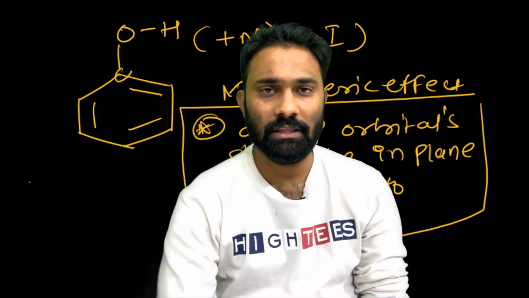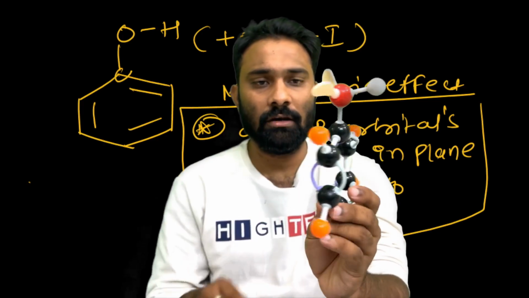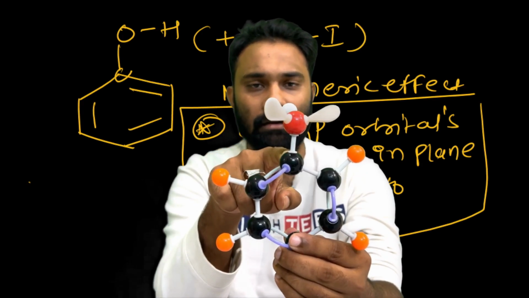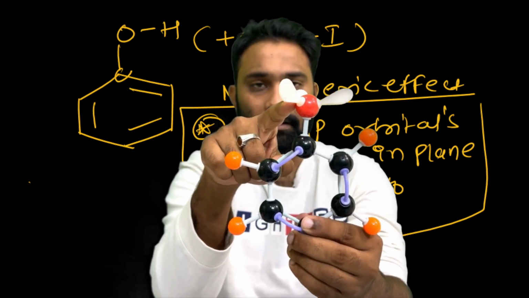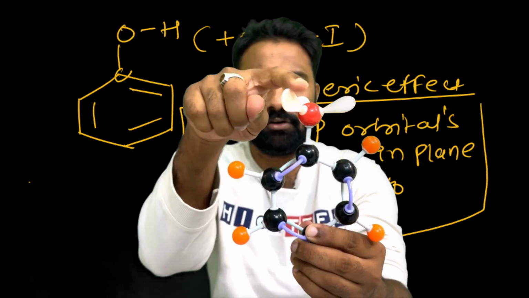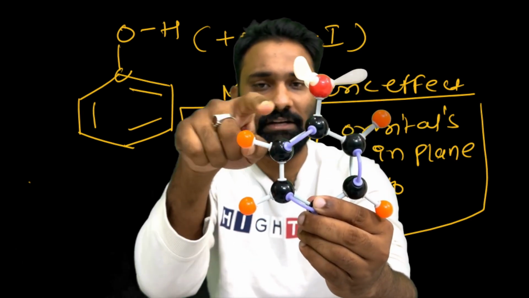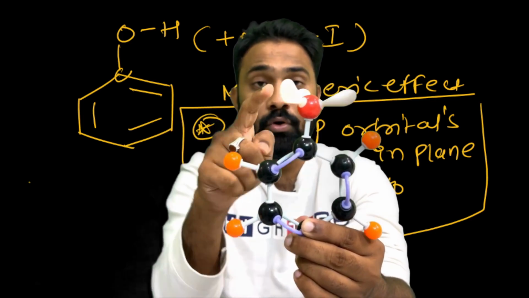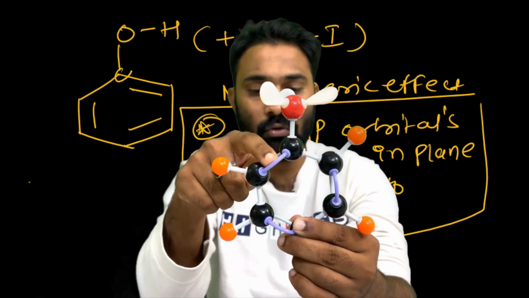Now listen carefully. Now you can see this is the phenol. In this phenol, this carbon is 2p, and this oxygen is also a 2p. Now oxygen contains 2 lone pairs of electrons, right? This lone pair of electrons will be delocalized to the benzene ring and it will increase the electron density at the ortho and para positions. Now how is this oxygen giving its lone pair of electrons to the benzene? Now we'll see.